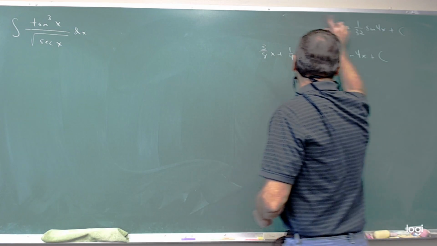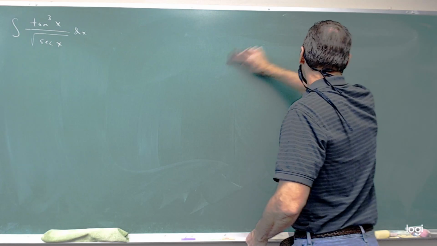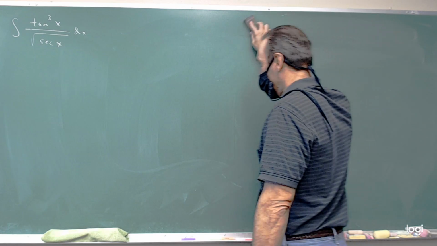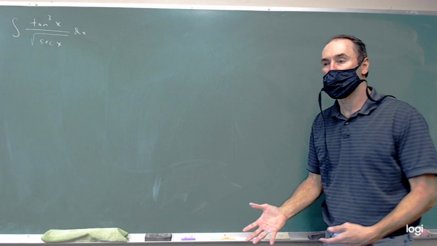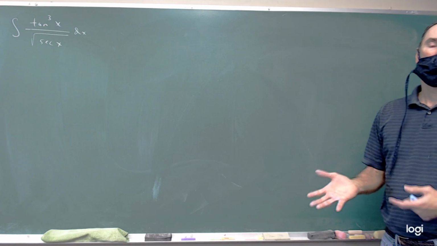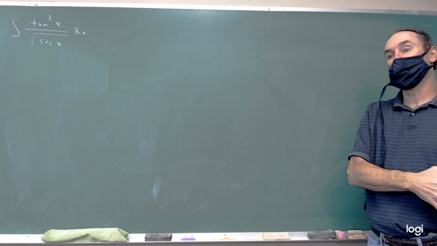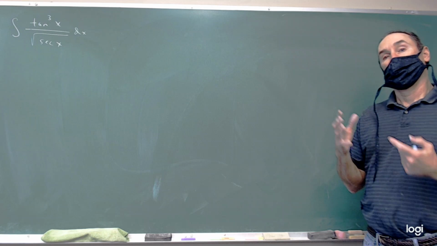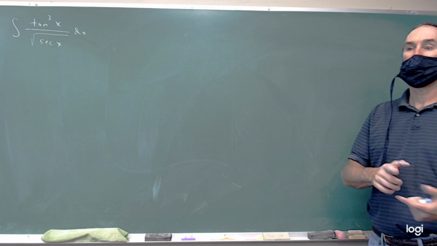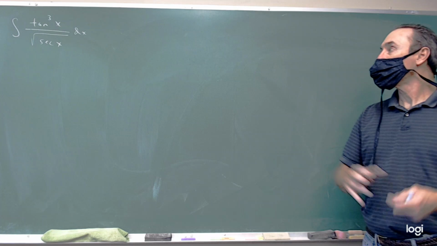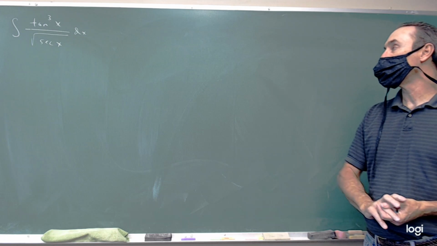Similar to what we did with sines and cosines, you're trying to make a determination of which one you're going to call the u. If the u is going to be tangent, you need to save out a secant squared to be the du. If you choose the u to be secant, you need a secant tangent to be the du. That helps you with that choice.